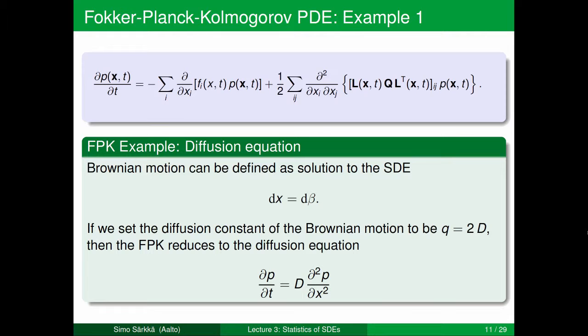So what we get is that the time partial derivative of p is equal to 0 for the first term plus half times 2d, so the 2 disappears, times the second partial derivative of p with respect to x. So it gives the diffusion equation, which we already derived from Einstein's results during the first lecture.